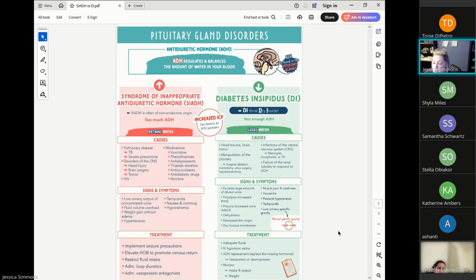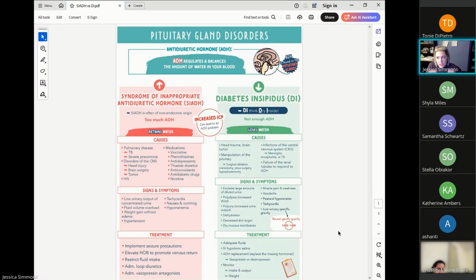The low urine specific gravity, I want to talk about that for a second. Urine specific gravity is a lab that tells you how diluted or concentrated the urine is. With diabetes insipidus, it is so diluted that the urine specific gravity is very low, meaning that there's just so much fluid compared to the solutes, the particles within the urine.